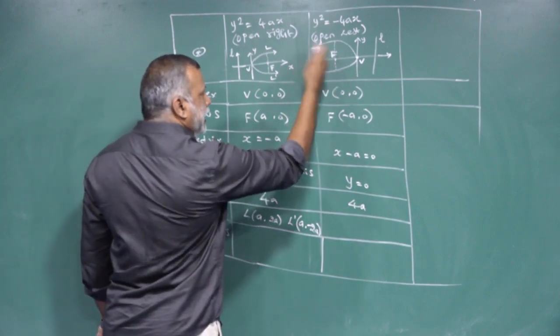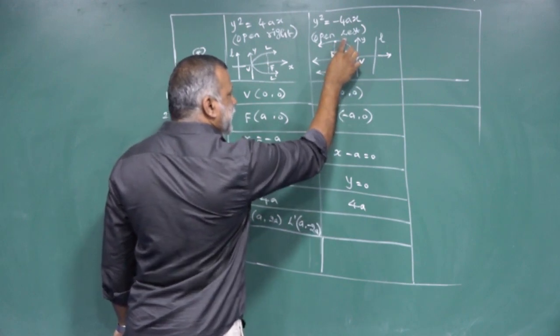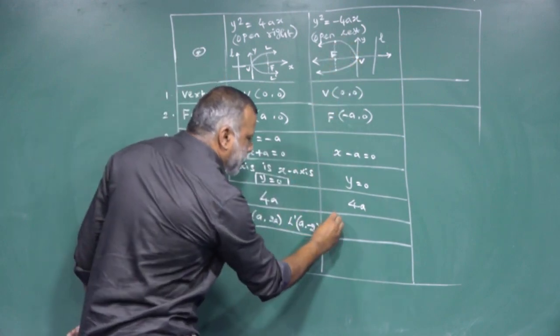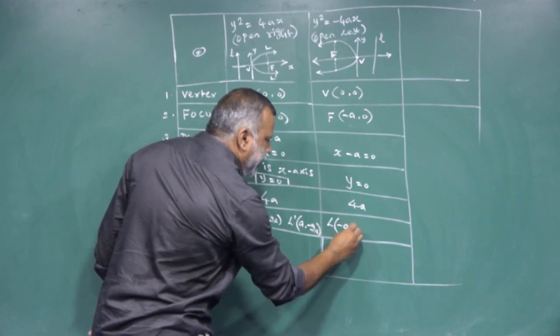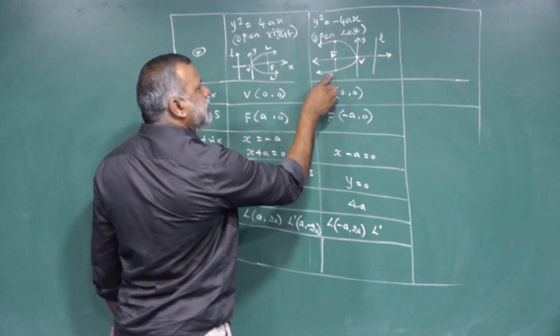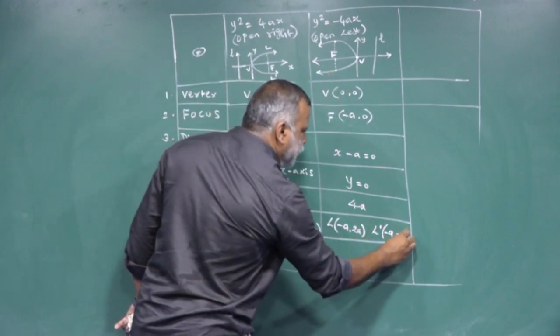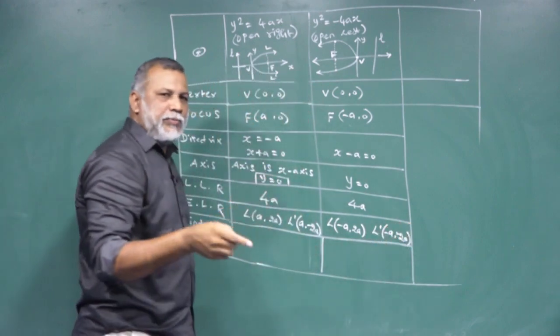See here, endpoints of the latus rectum of type number 2. It lies in the 2nd quadrant. Therefore, L must be minus a, 2a. Here L dash lies in the 3rd quadrant. Therefore, minus a, minus 2a. So, the points depend upon the quadrants.